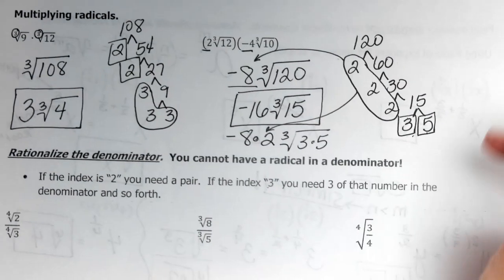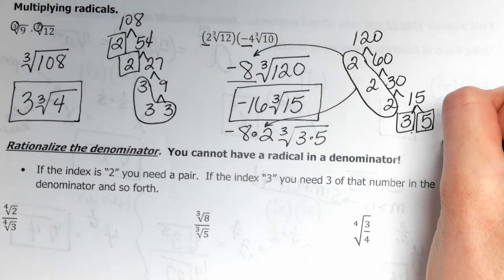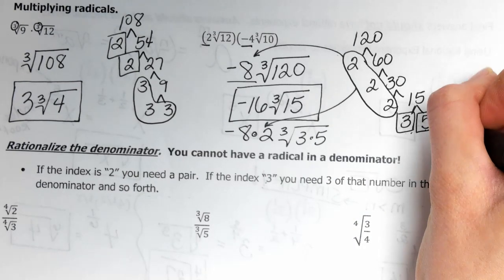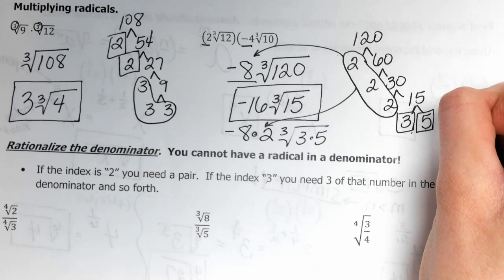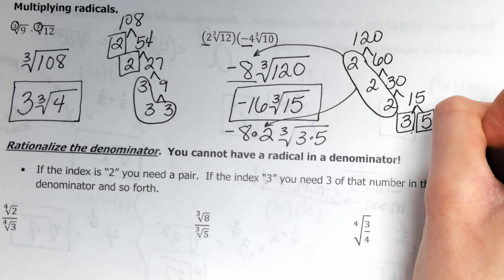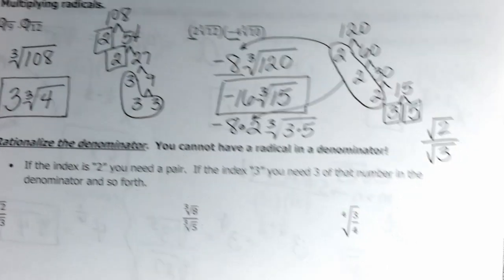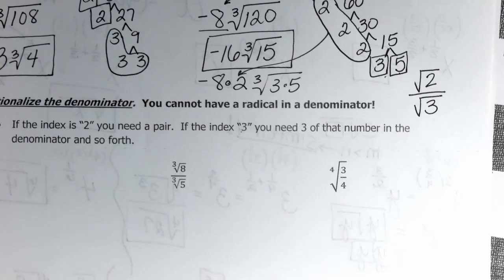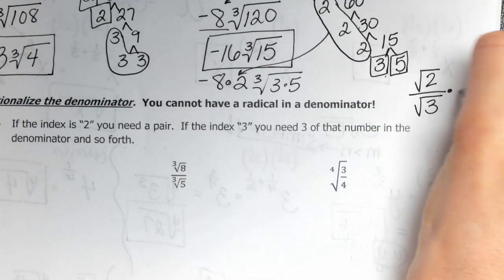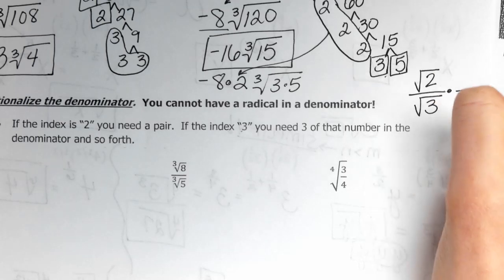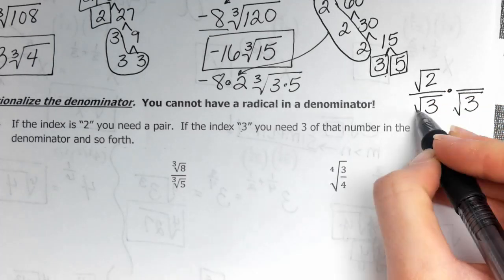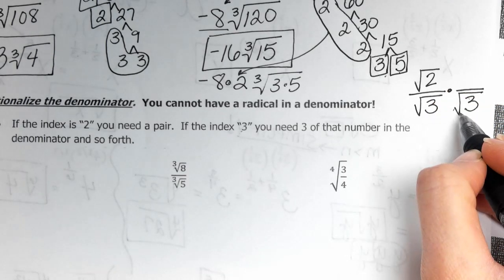So if I gave you, let's say, the square root of 2 over the square root of 3. Okay? You should have been taught you cannot have a radical in the denominator. So you rationalize it. What do you rationalize by? The square root of 3, right? You multiply it by itself in the bottom.